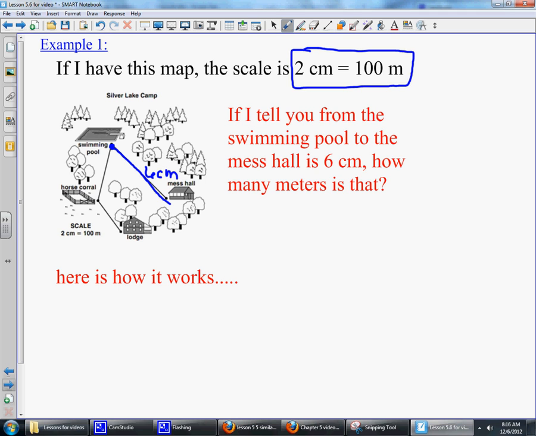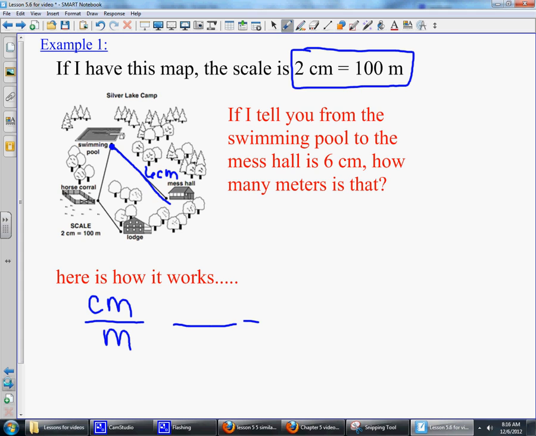Well, here's how it works. I always like to make my key first. So we would have the scale over the actual, or we could just say, I think this would be better, centimeters over meters.